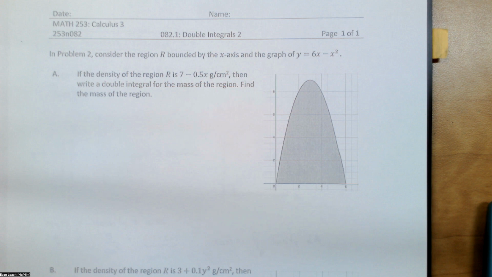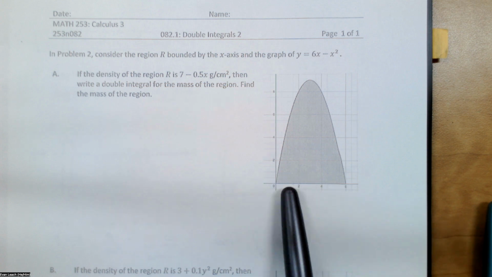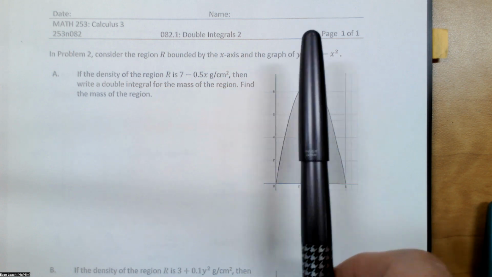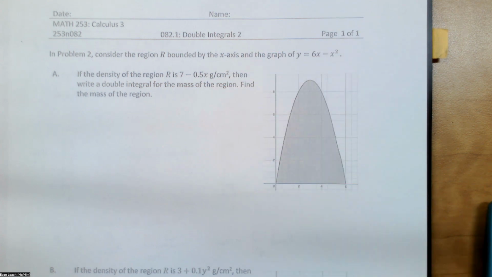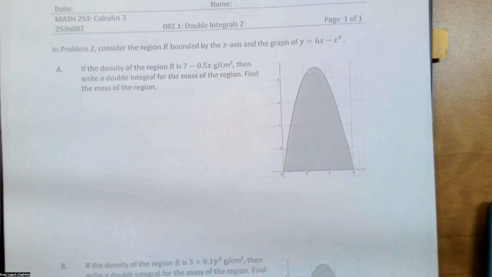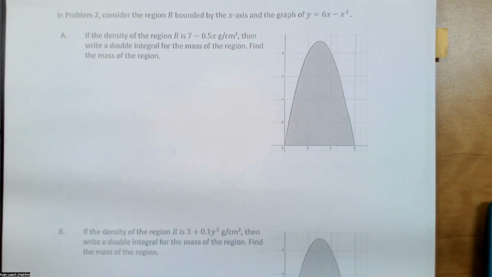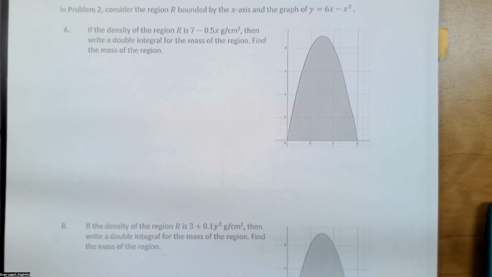But notice that in the first part, we're describing the density as it changes with x, 7 minus 0.5x. So the density varies on different vertical slices. Notice that in the second problem, the density varies in different horizontal slices. So the density is 3 plus 0.1 y squared.